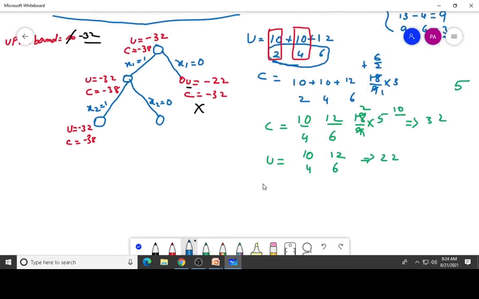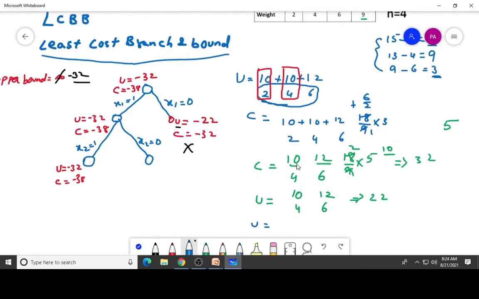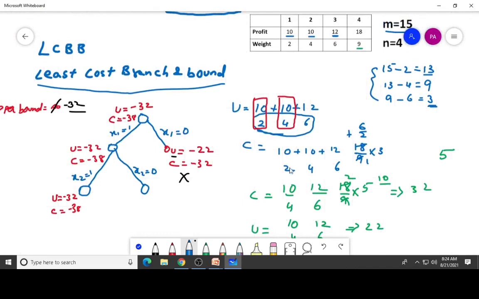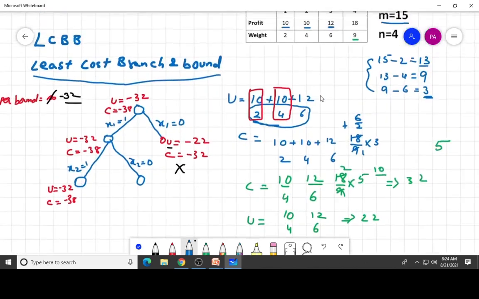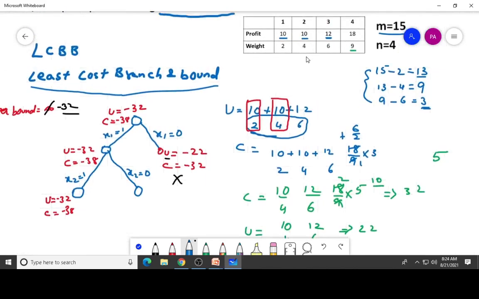Here U is equal to, I am adding the first item. 10, and the weight is 2. Now I am not adding the second item. So what is 12, 6.